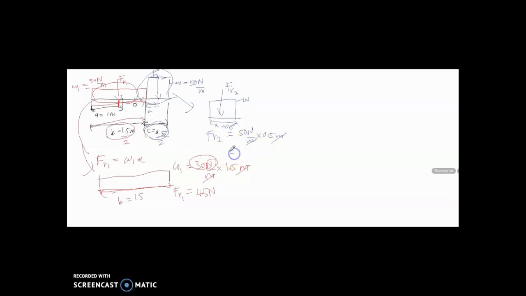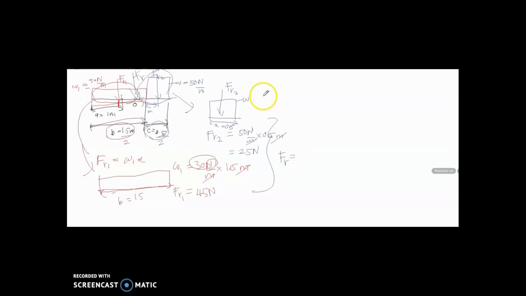Eliminate the meters, you will get 25 Newton. So the total resultant force FR is simply the sum of FR1 and FR2.